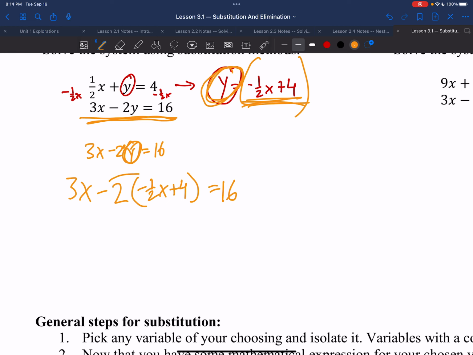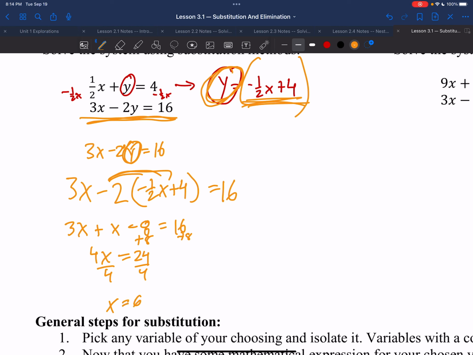So let's distribute this negative 2. I get 3x plus, negative 2 times negative 1/2 is 1x. And then negative 2 times 4 is negative 8. And this is set equal to 16. I'll do the classic combine like terms. I'm going to get 4x, and I'm going to add 8 to both sides so that I get 24. And then I'll divide both sides by 4, getting me x equals 6.